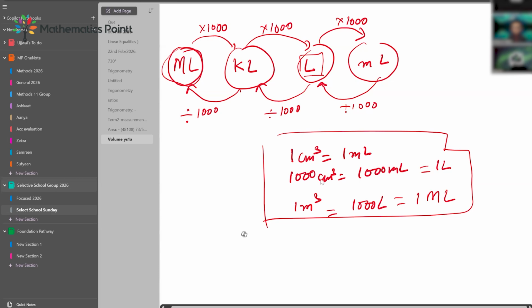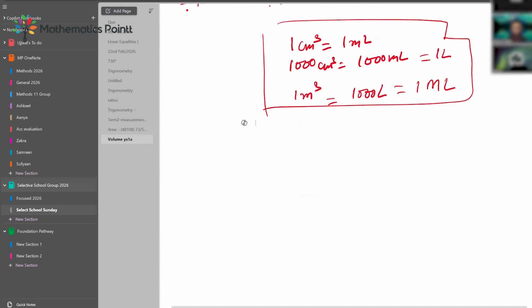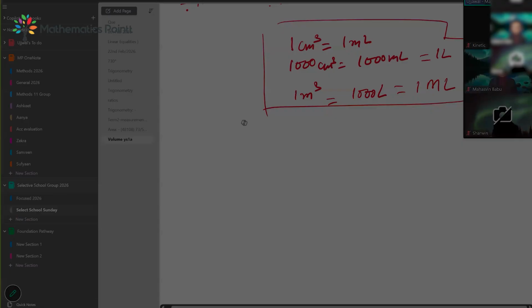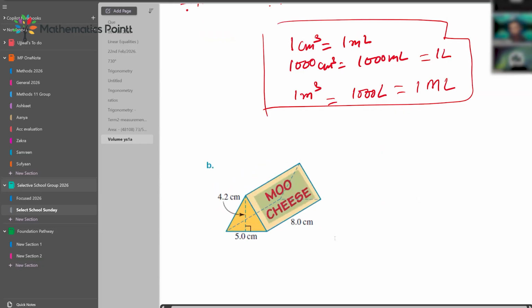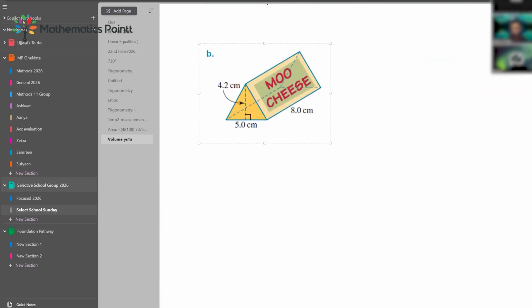I'll put a snippy now. All right, let's find the volume of this. Can you find me the volume of this block of cheese? Take your time.